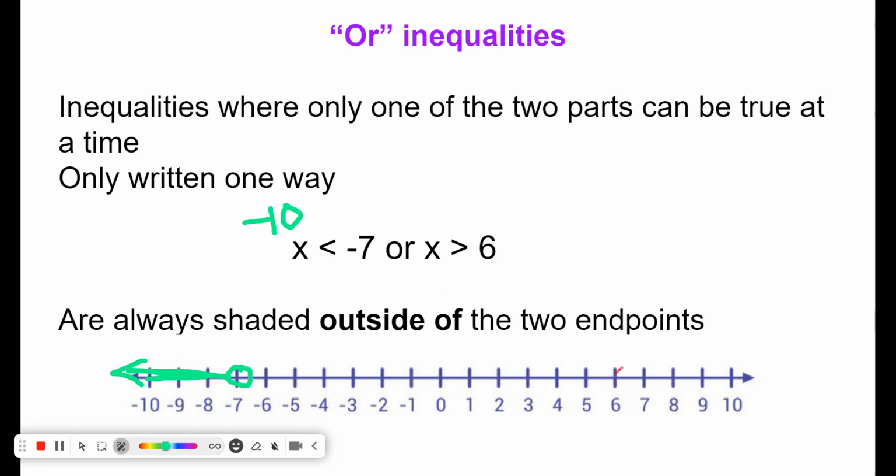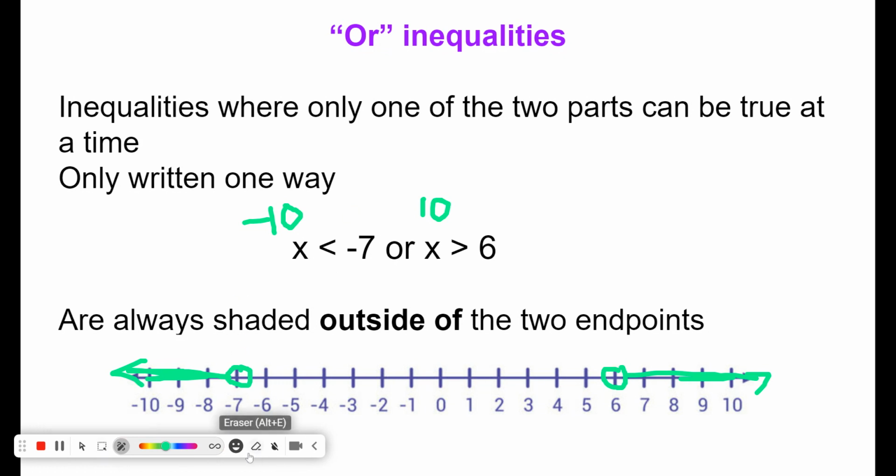X is greater than 6. Open circle here, and then we'll just keep the 10 train going. 10, yeah, that works. So the shaded area is outside of the two endpoints here. Make sure that your circles are either open or closed depending on what needs to happen.